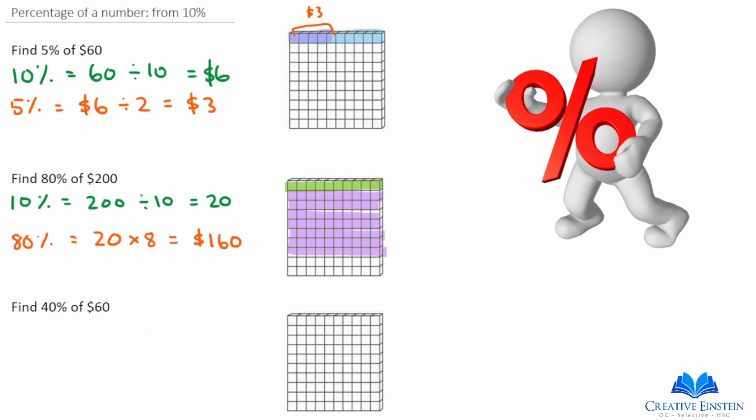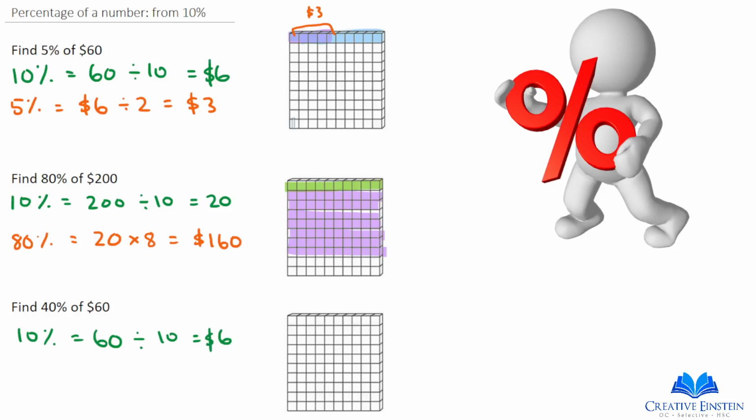Let's look at our final example now. Find 40% of $60. So again, we're going to start with 10%. 10% of $60 equals 60 divided by 10, which is 6. And we know that already because we've done it before.